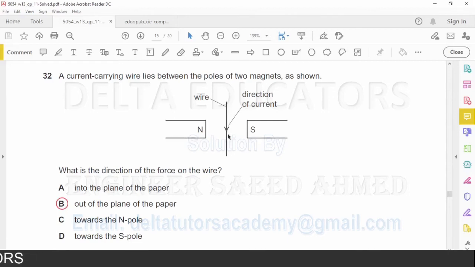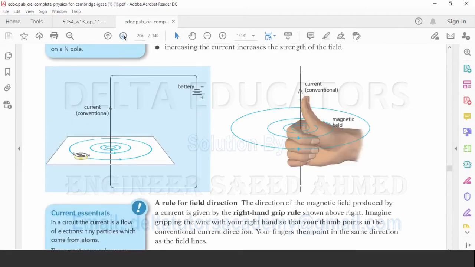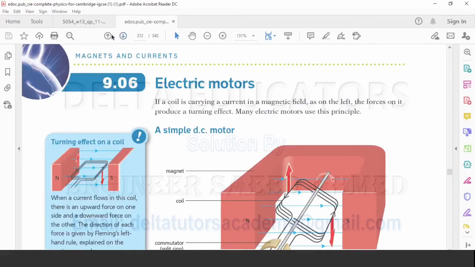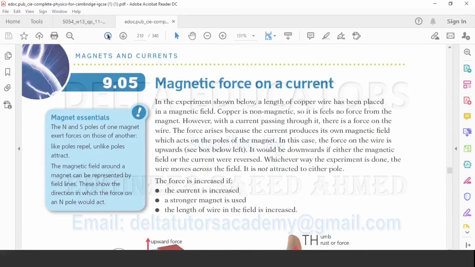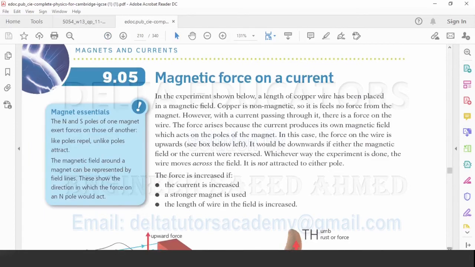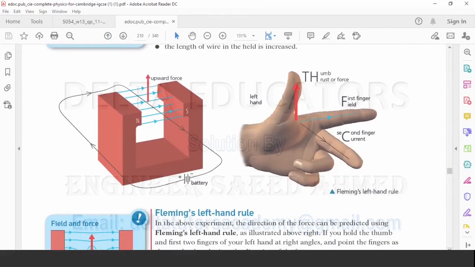To find out the force on the wire, we have to take help of Fleming's left hand rule. What is Fleming's left hand rule? In Fleming's left hand rule, we have studied that this first finger represents direction of the magnetic field, this second finger represents direction of electrical current, and this thumb represents direction of the force on the current carrying conductor.